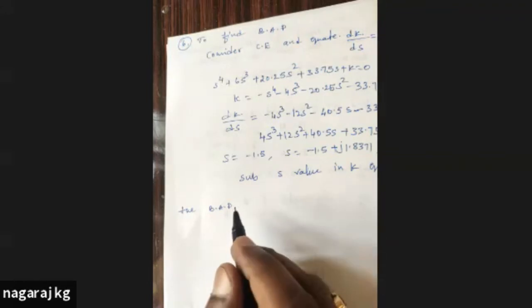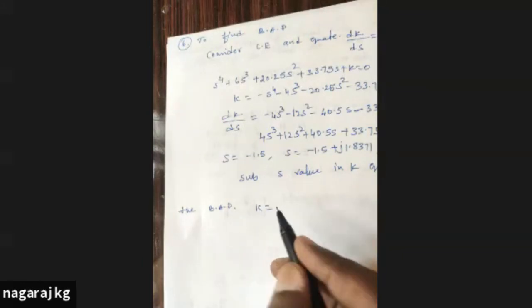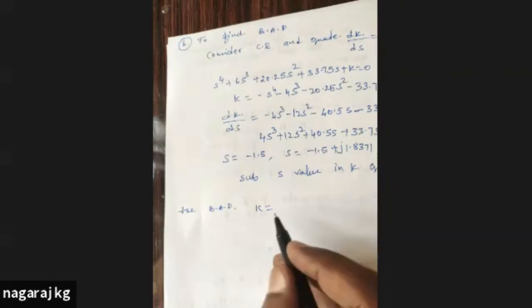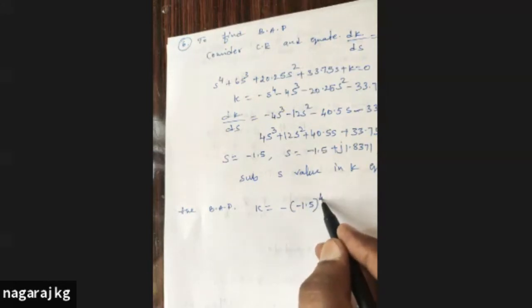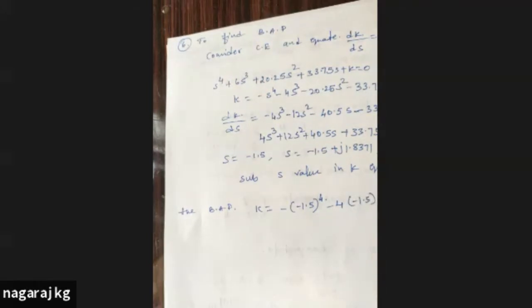For that, I'll just give a hint how to find the value of K. Find out the K value in the first case by substituting s is equal to minus 1.5, minus 1.5 to the power of 4. Next, minus 4 into minus 1.5 to the power of 3. Okay, minus 40.5 into minus 1.5. Not that one, sorry.